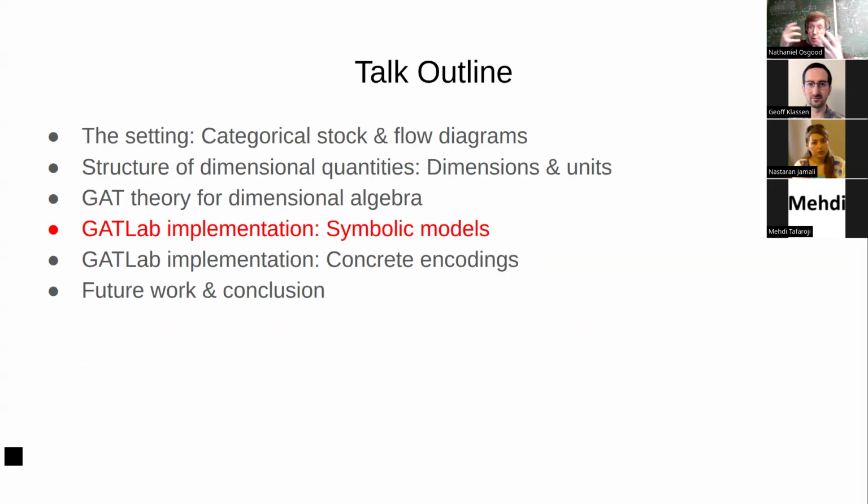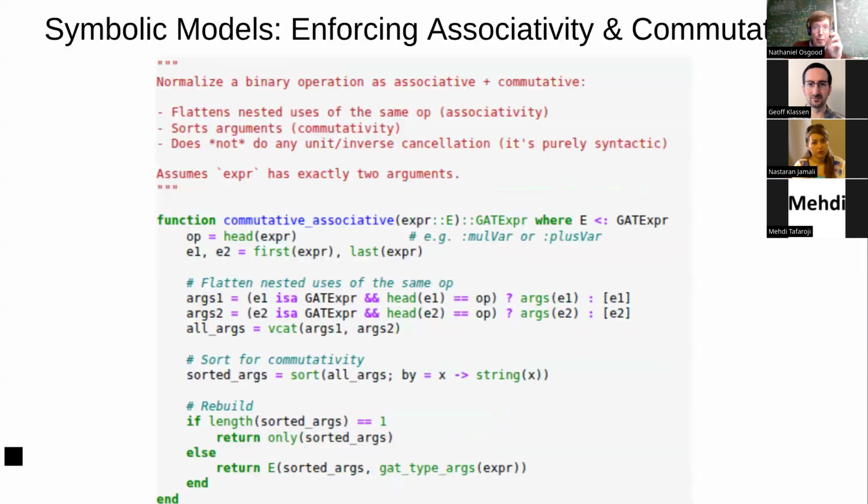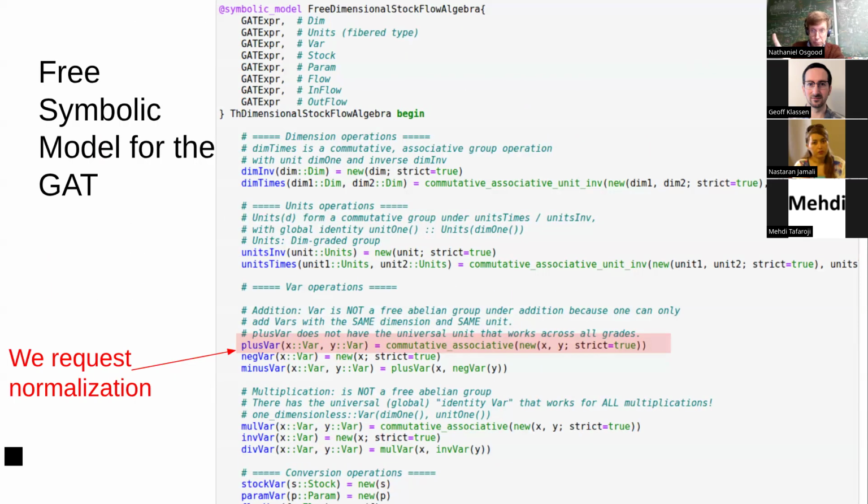Or we can deal with it as symbols, like we might do when we have expressions and formulas governing the value of a flow or an auxiliary variable. So let's chat about this. We're going to define a symbolic model. This is all GATlab stuff.